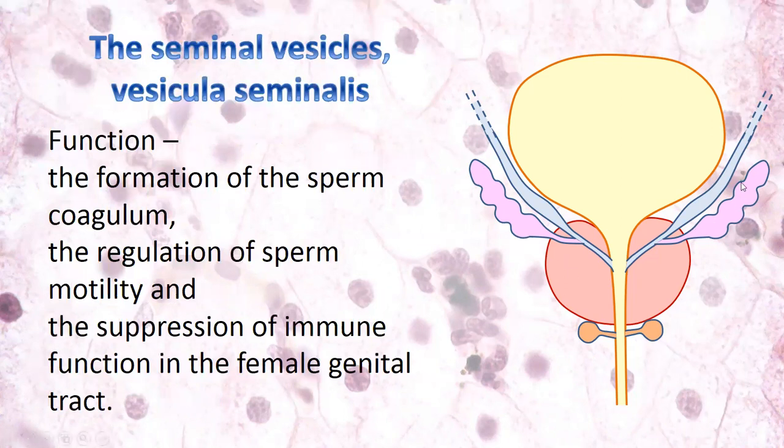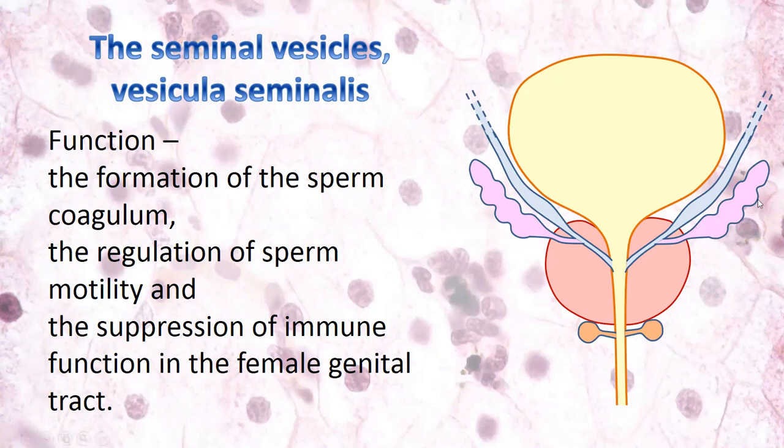So the first glands are the seminal vesicles, or vesicula seminalis, and they form sperm coagulum and regulate sperm motility. Also this secretion suppresses immune function in the female genital tract, because the immune system of the female organism may break down spermatozoa, and it may cause female infertility because of immune conflict between the female organism and spermatozoa.